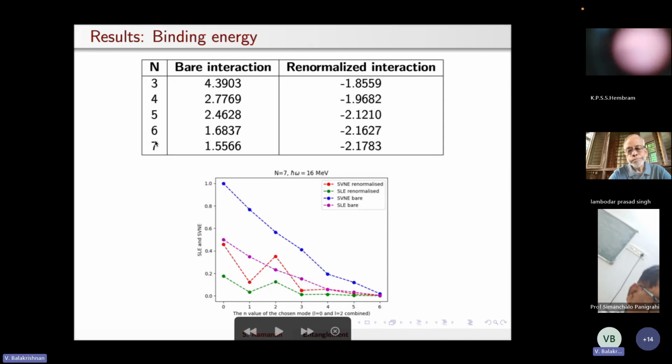However, it turns out that some observables are only sensitive to the long range part. So even if I do not properly do an operator renormalization, I can use the renormalized wave function and calculate an expectation value. If the expectation value does not depend on the renormalization scale, I know that it was not so important to renormalize the operator because it was only sensitive to the long range part.